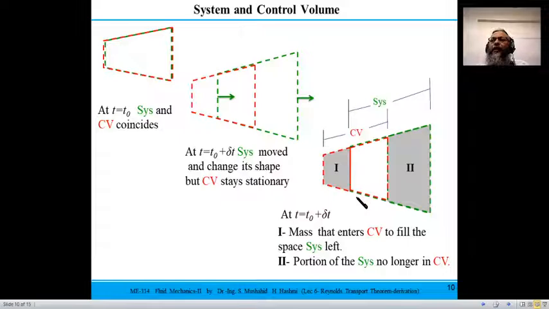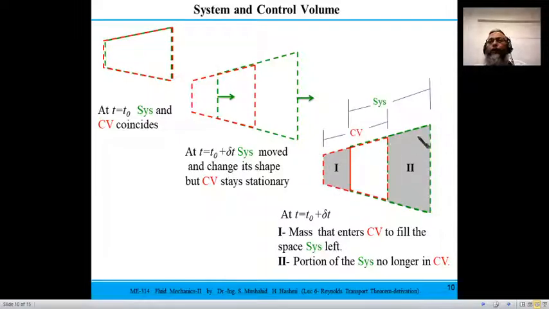What we see here is the Roman letter 1 is representing the mass that actually enters the control volume to fill the space when some of the mass has left the control volume. So 2 is the portion of that system that is no more a part of the control volume, and 1 is the region that has entered the control volume to fill the space when 2 has left.